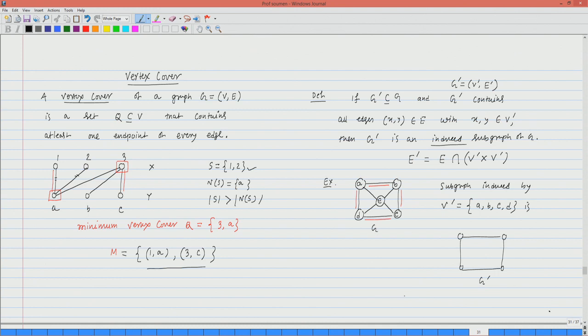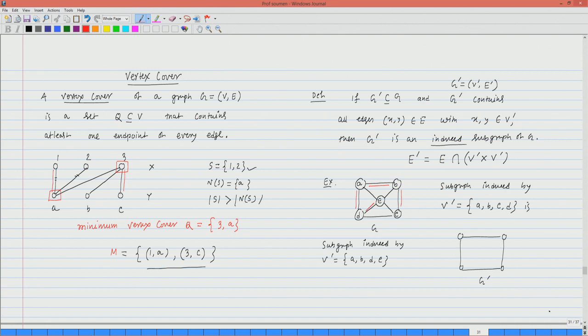Maybe one more example. Say the subgraph induced by V prime equal to A, B, D and E. So now A, B, D and E will involve all these edges.